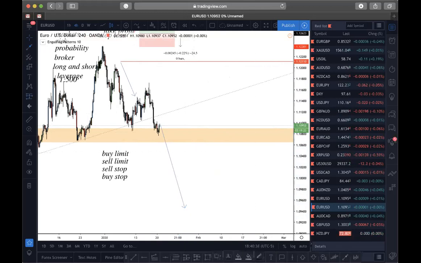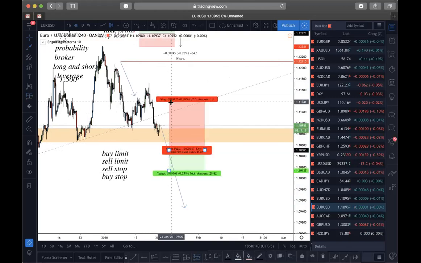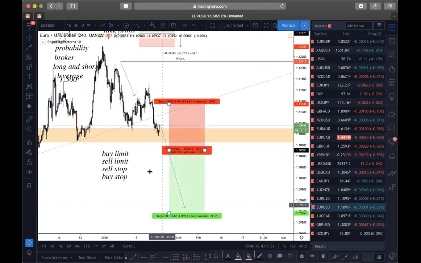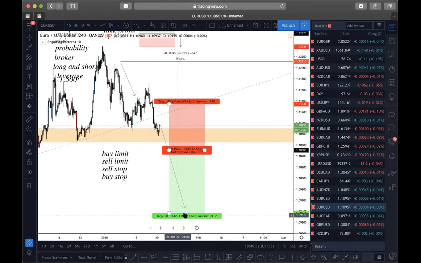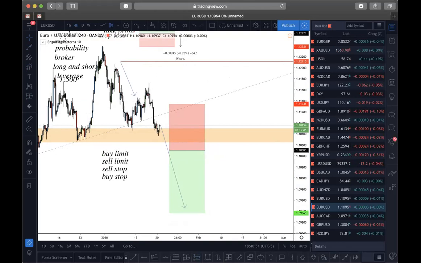So we set what we call a sell stop. Once the market goes down and hits this black line right here in the middle, the trade will automatically enter, and it'll be a sell. So your target would be down here. You're just expecting the market to continue going down.